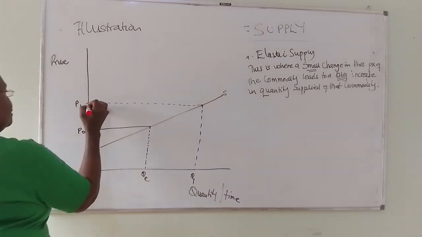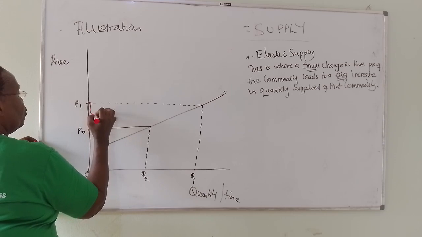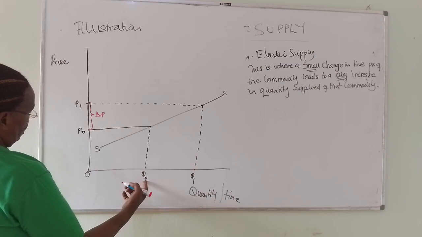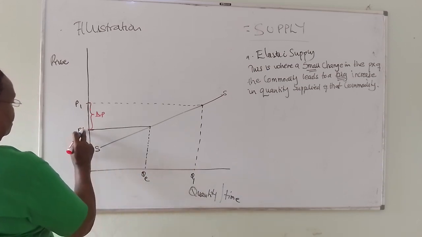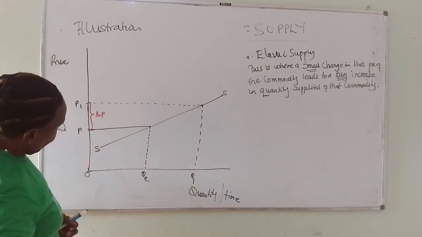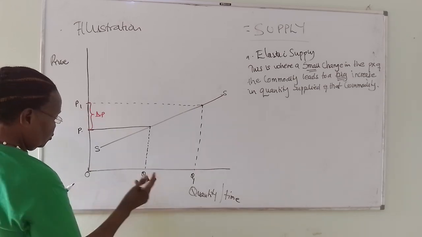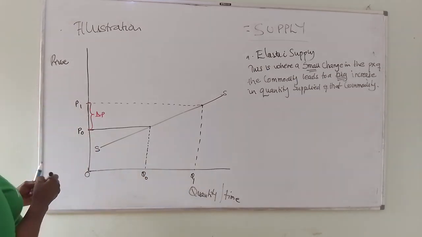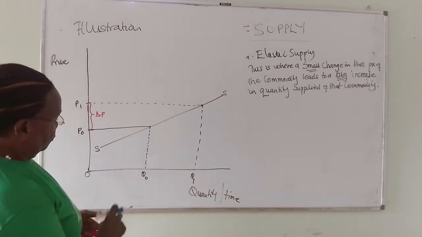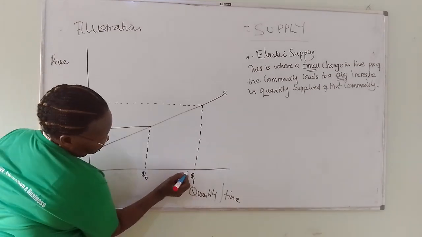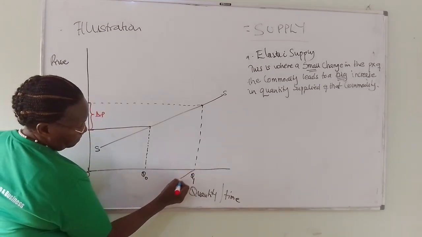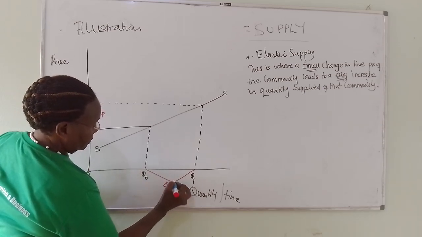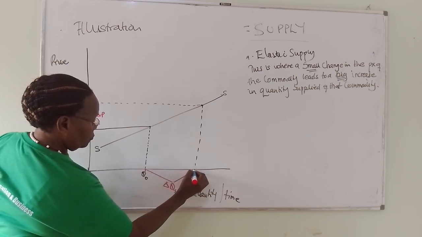And we find that from P0 to P1 is our change in price, and then from Q0 to Q1 is now our change in quantity supplied, all the way from here to here.